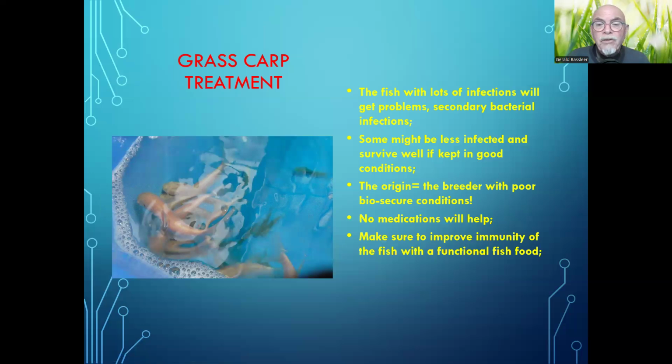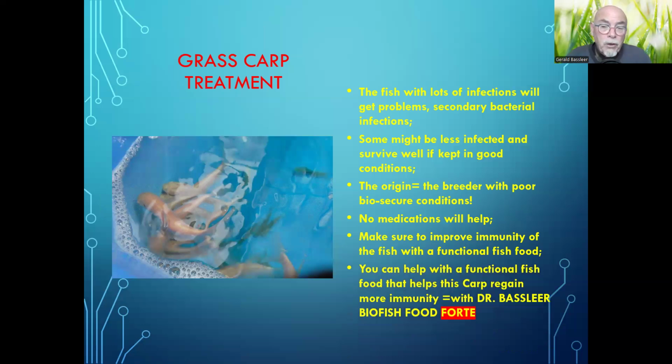What you can do is improve the immunity of the fish with a functional fish food, and I could recommend our Dr. BASSLEER BIOFISH FOOD FORTE with probiotics and prebiotics that helps the immunity response of the fish. So you might do better, depending how advanced the infection is, but some will eventually die, unfortunately.